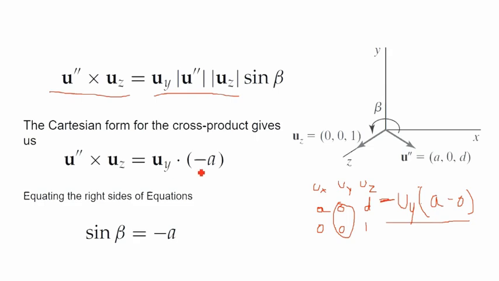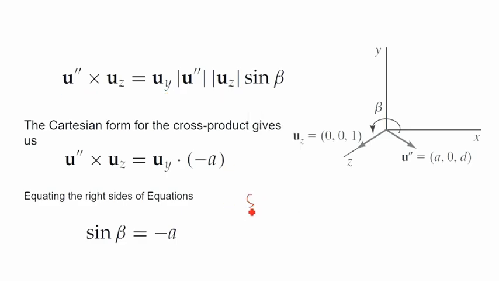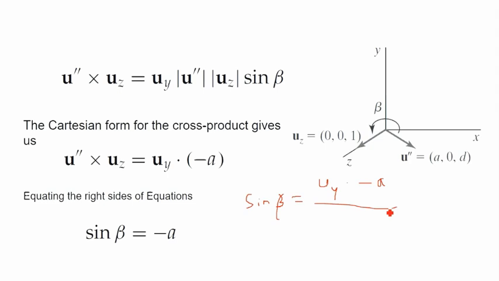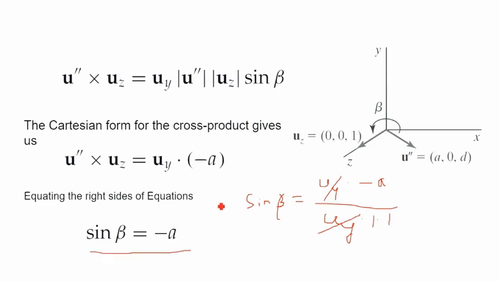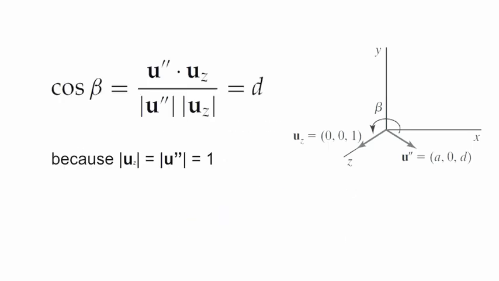So sine beta is equal to uy into minus a divided by uy, as the magnitudes are 1 and 1, so uy gets cancelled. Sine beta will be minus a. So we know that cos beta is d and sine beta is minus a.